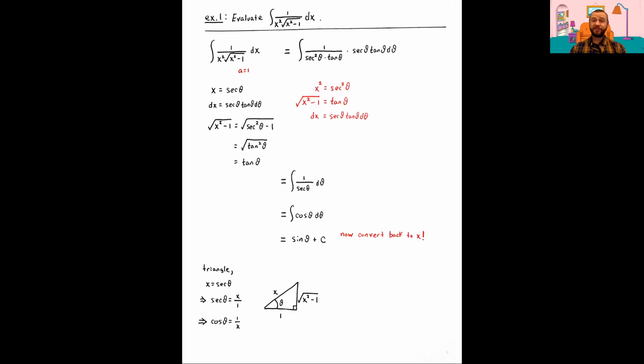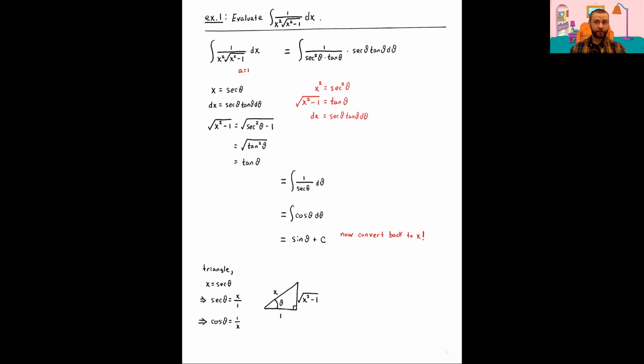Cosine, we're going to view it as adjacent over hypotenuse. So relative to our angle theta there, the adjacent side length is 1. The hypotenuse has length x. You can work out with the Pythagorean Theorem the missing side there, but it's always going to be the radical expression. Notice here our radical was the square root of x squared minus 1.